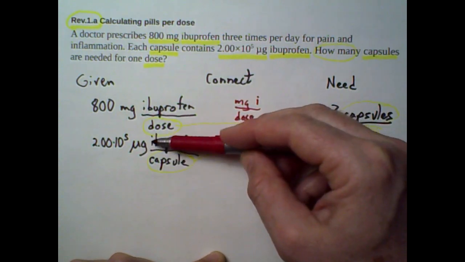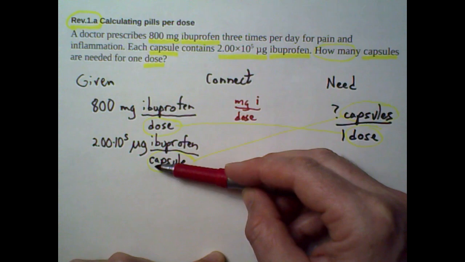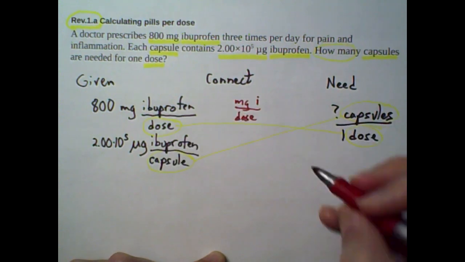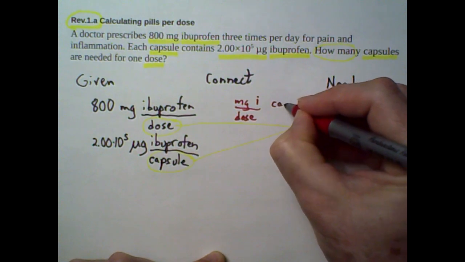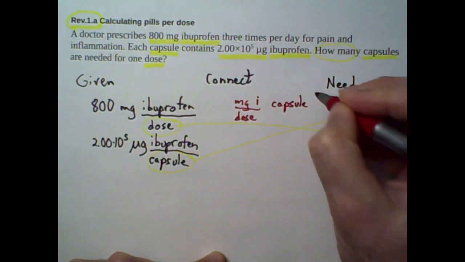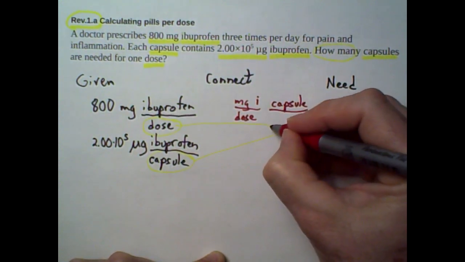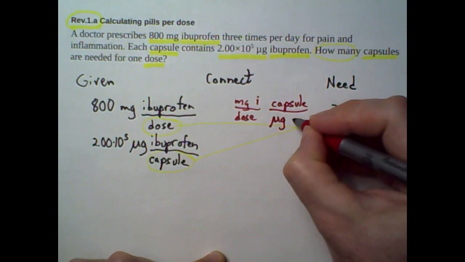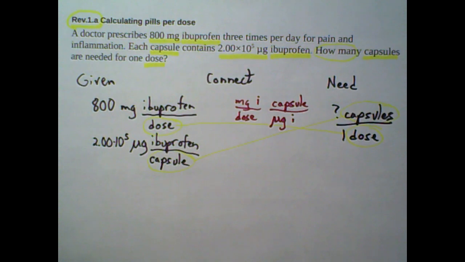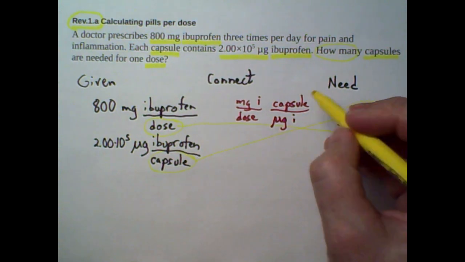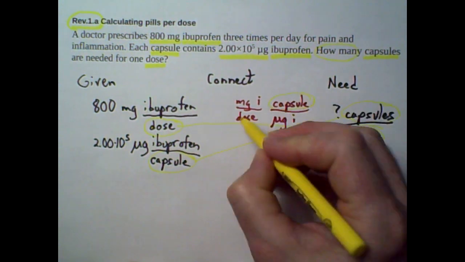This time it's micrograms ibuprofen to number of capsules. Anytime I have a ratio, I can always flip that ratio over. So I'm going to have capsules on the top and micrograms ibuprofen on the bottom. That gets me capsule and dose where I want them.